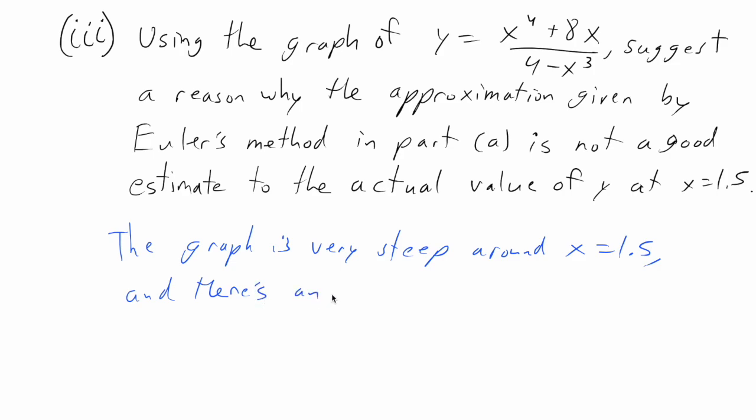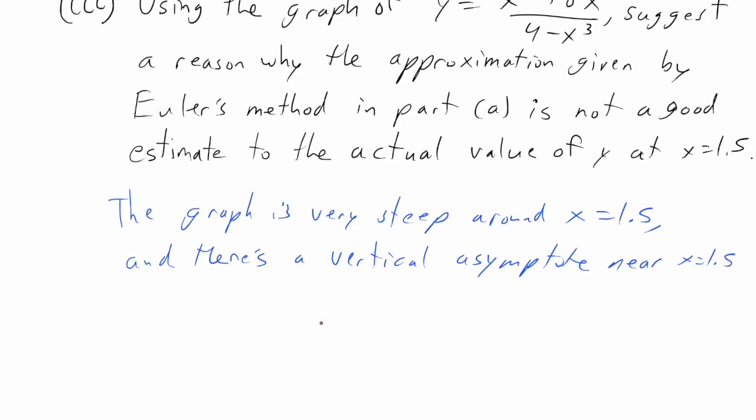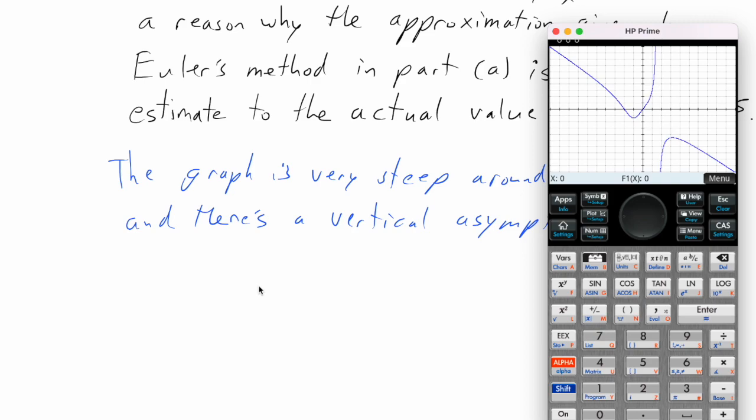Let's say vertical asymptote, just to be clear. The vertical asymptote's at the cube root of 4, which is actually pretty close to 1.5. That's why we get it there, right? So that's enough to get you the point, but let me just explain it a bit clearer.